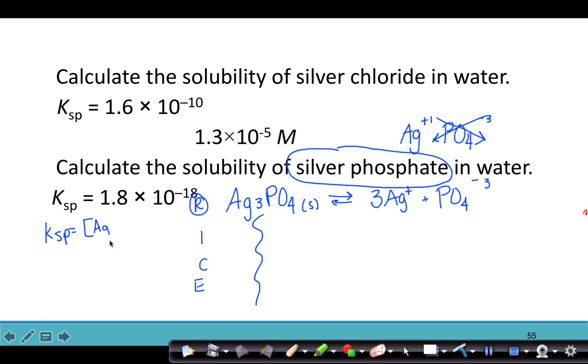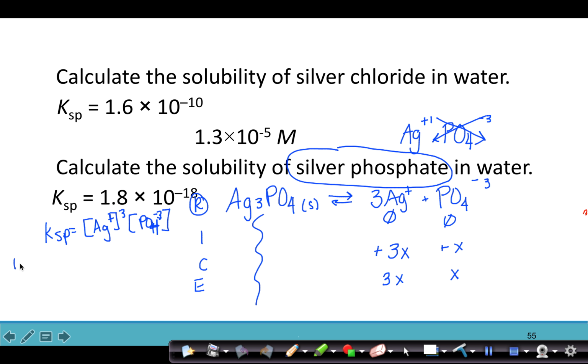Ksp is going to be Ag plus to the third times PO4 minus 3 to the first. These are initially going to start out at 0. They're going to increase by coefficient x. We're going to read down to get the numbers that plug into the Ksp expression.